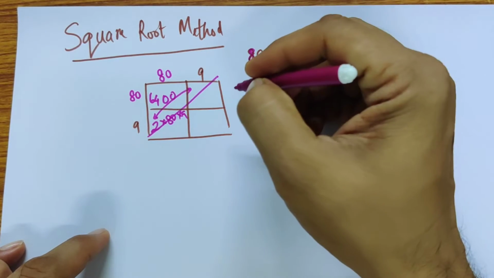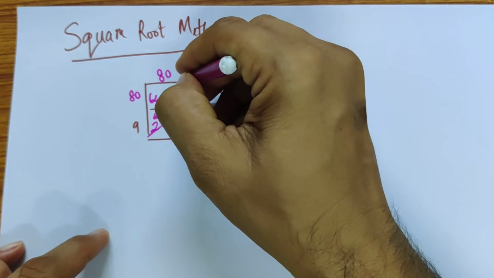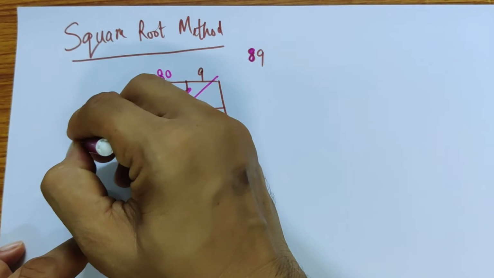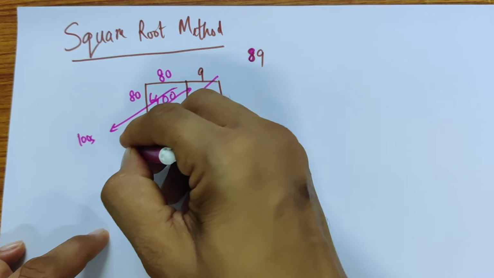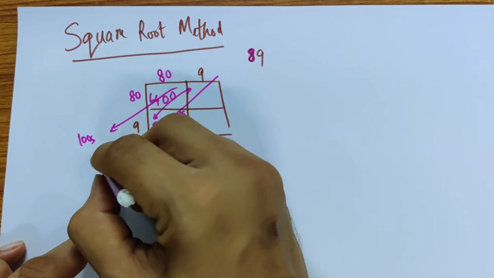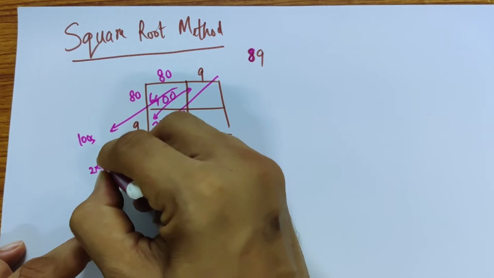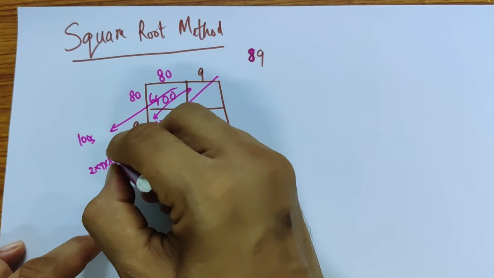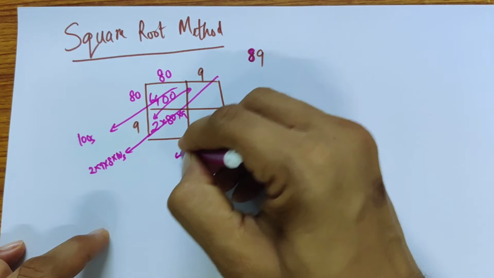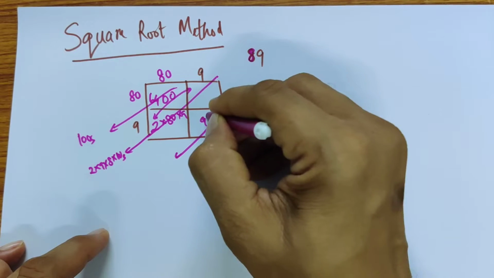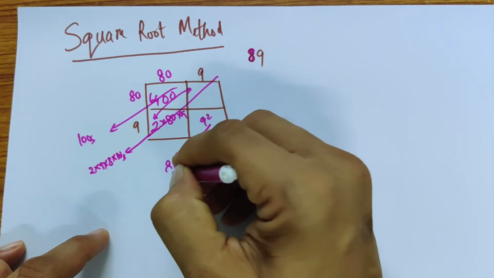Together, this is 2 times 80 times 9. So this basically gives you the hundreds. And of course, these can also add up to hundreds, but these are the tens. So 2 times 9 times 8, tens. And this is basically the 9 times 9, 9 square. So that's 81.